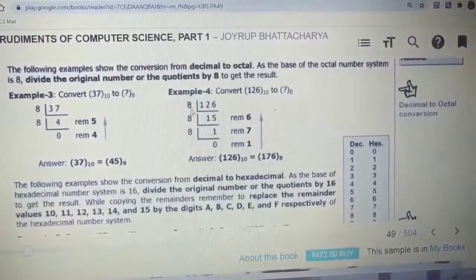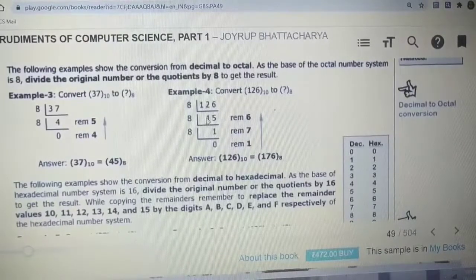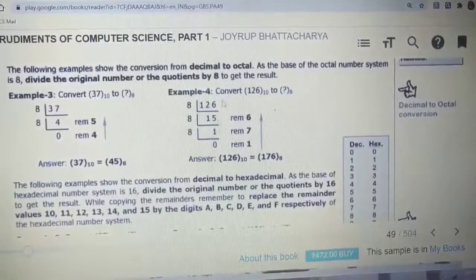The logic is the same. Again we have to divide 126 by 8. So 8 1s are 8, 12 minus 8 is 4, and coming down it is 46. So 8 5s are 45, so 8 5s are 40, 46 minus 40, 6 is the remainder.